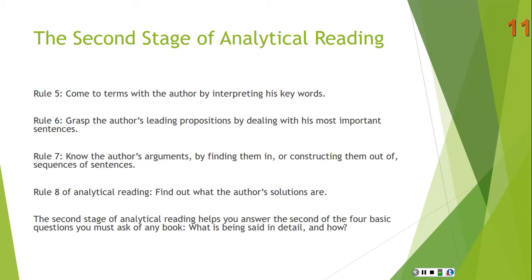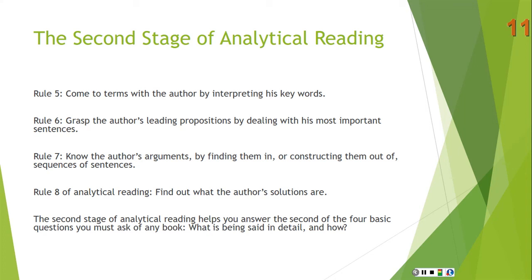Okay, so here's a summary of the second stage of analytical reading. Rule number 5, find the terms that the author is using and interpret those terms. Rule number 6, find the most important sentences and discover their meaning.